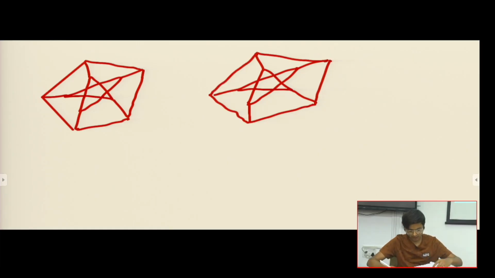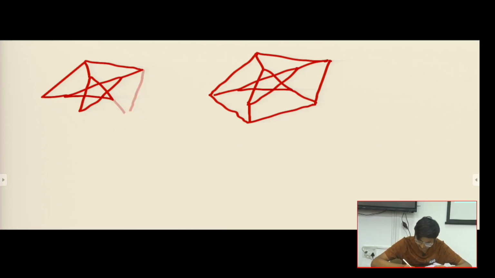So here we have two copies of the Petersen graph. According to the dot product rule, I will remove two vertices of the right Petersen graph. Let's say this one. These three vertices will go away, and let's say this vertex. So we have four vertices that are yet to be saturated. And in the second Petersen graph, I will remove two edges.